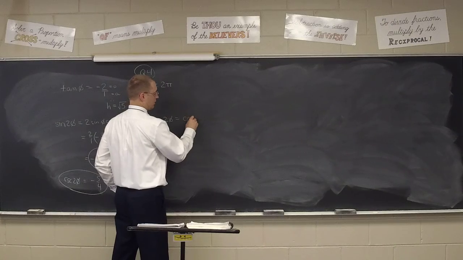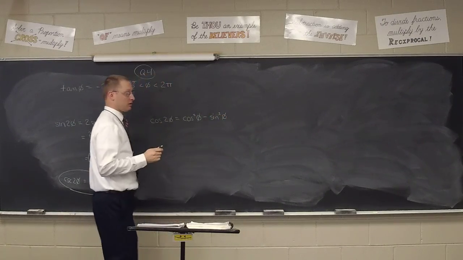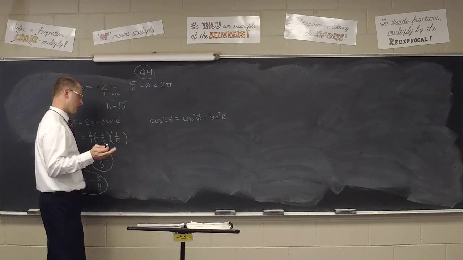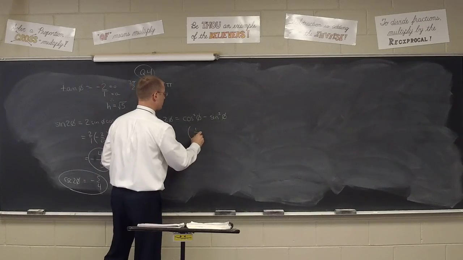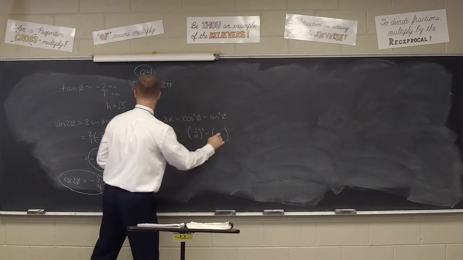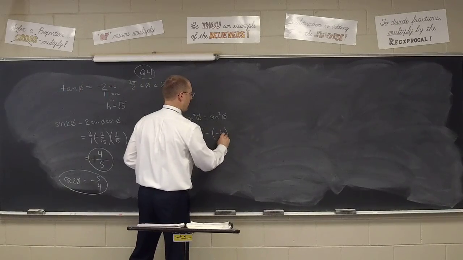Cosine squared phi minus sine squared phi. Thank you, Quentin. Class, what do we write? Cosine squared phi minus sine squared phi. There we go. And for the cosine squared phi, again, that's going to be 1 over the square root of 5 squared. For the sine phi, that's going to be negative 2 over square root of 5 squared.